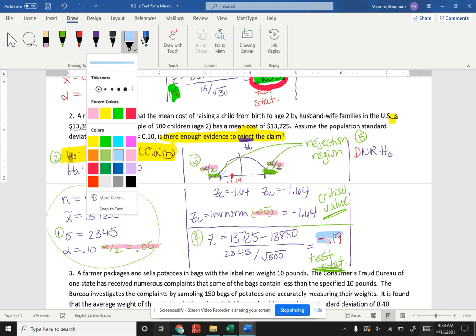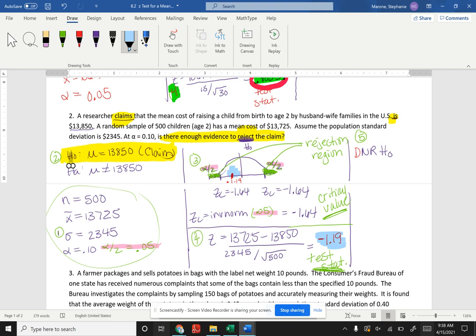So your sample stat is in the non-rejection region, so you do not reject the null hypothesis, and your sentence is going to have the word not in it.